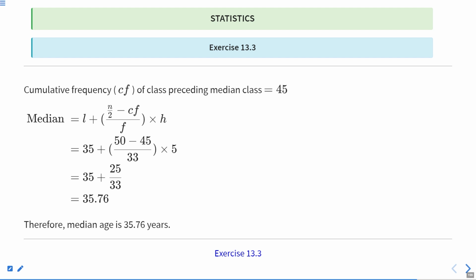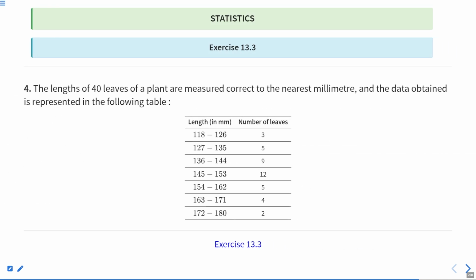So it is equal to 35 plus (50 minus 45) divided by 33 times 5, that is equal to 35 plus 25 by 33, that is equal to 35.76. So the median is 35.76. Therefore, the median age is 35.76 years. Now let us move to the next problem.